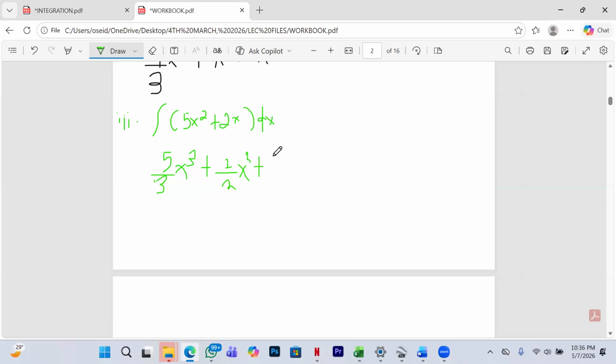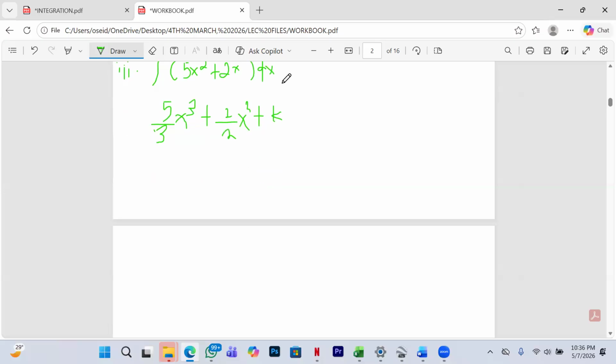That's our constant. I'm saying it again: don't forget the k. If you forget the k, all the work that you've done, you've worked in what? You've worked in vain.